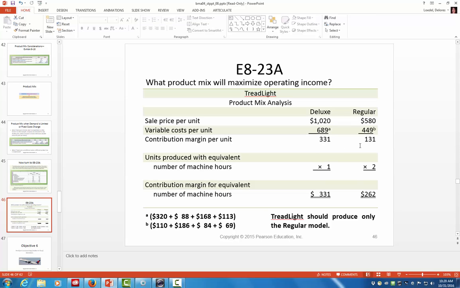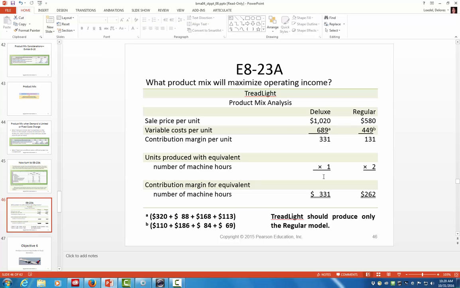Now remember, this is per unit, but remember how many units can be produced with our equivalent number of machine hours. So we know that for the regular it's a 2-to-1 ratio. That was the hint that was given. So for the regular we can produce 2 for every 1 with the equivalent number of machine hours.